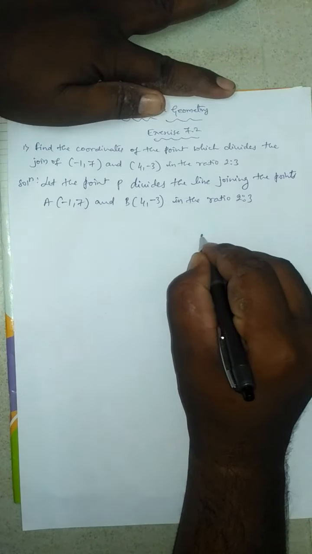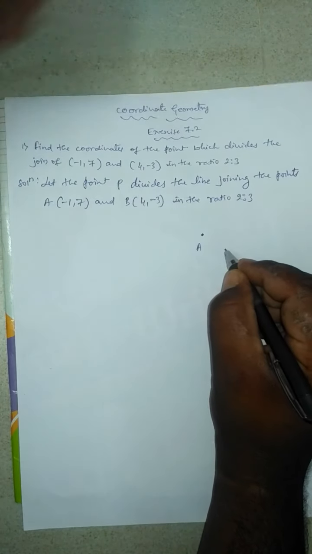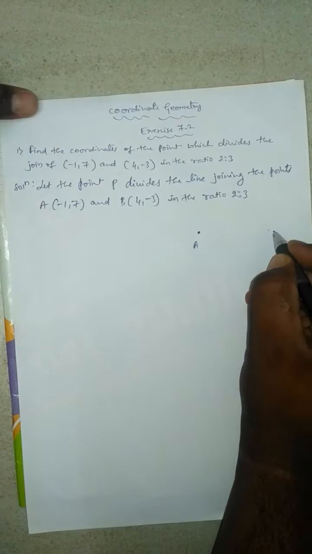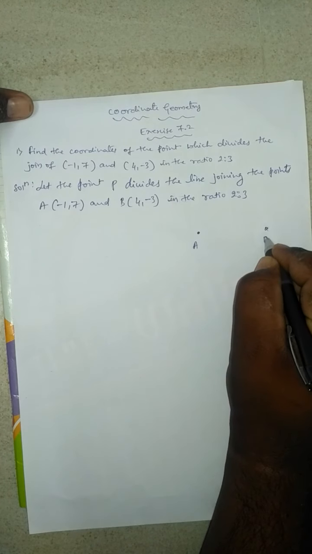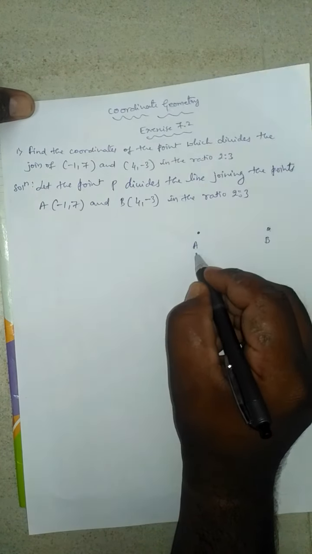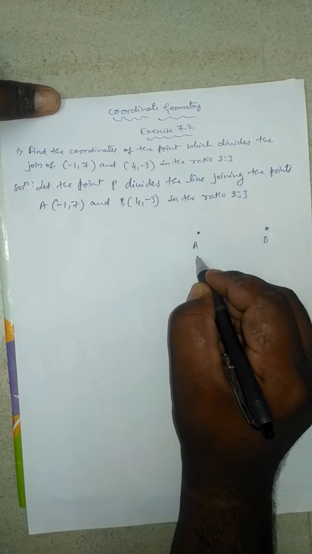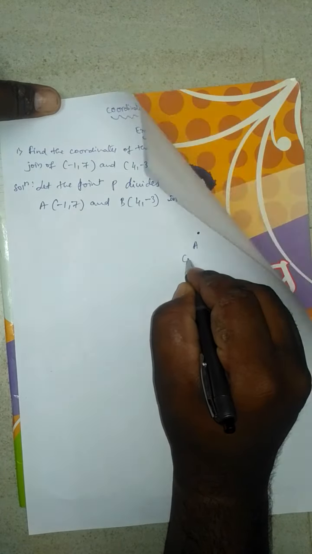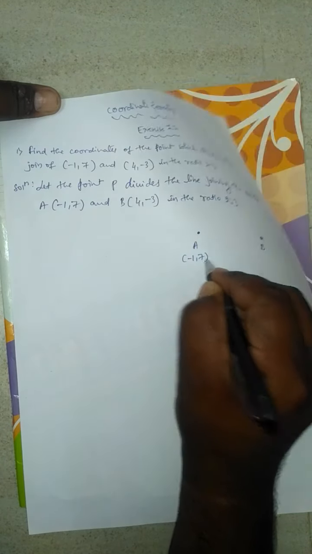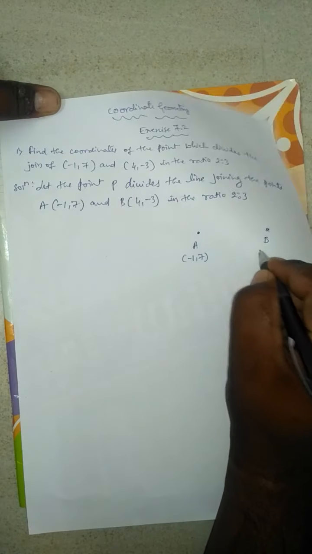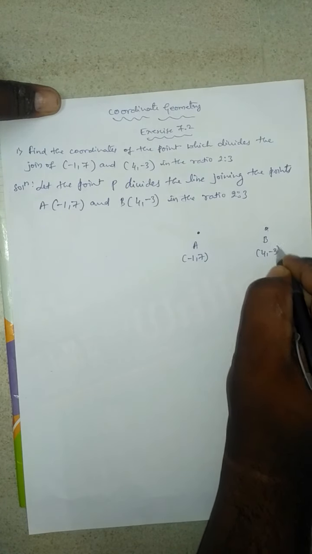So it means here this is point A and this is point B. Point A coordinates are -1, 7. Point B coordinates are 4, -3.